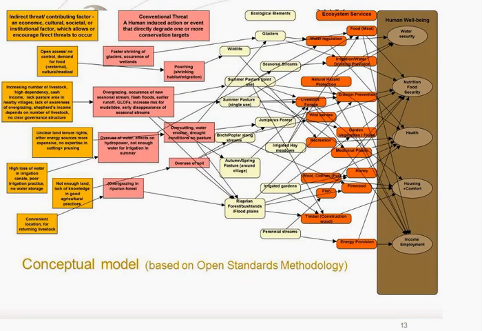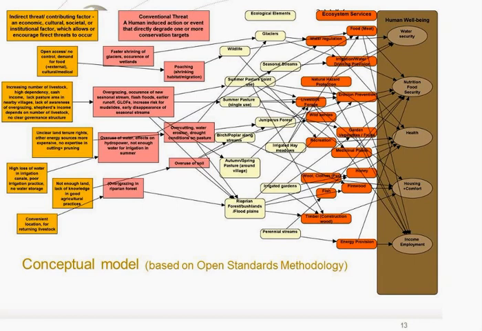And what we did with this information, in order to come to an impact chain of these projected climatic changes, is to build a conceptual model which is based on the open standards methodology.